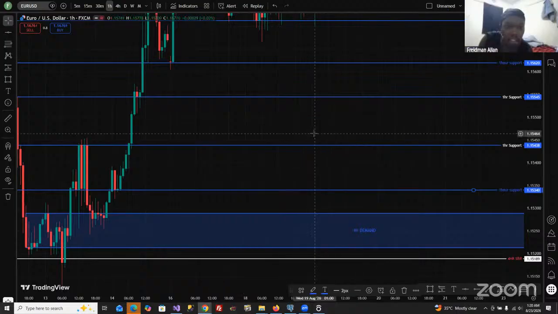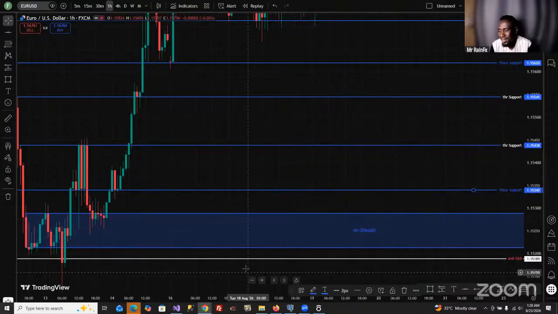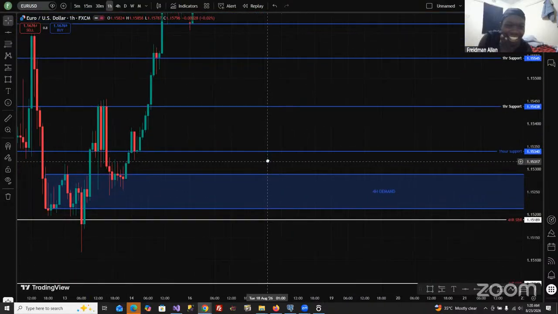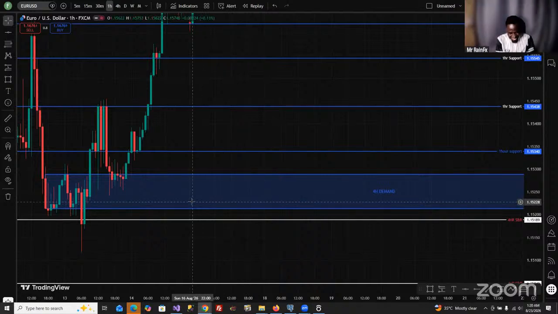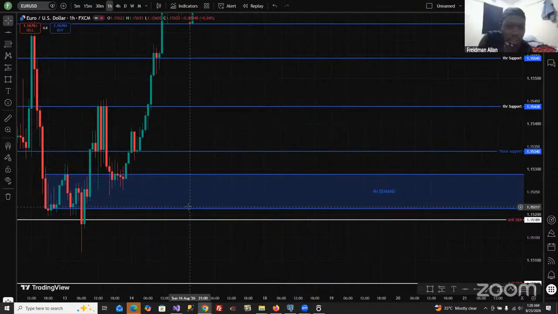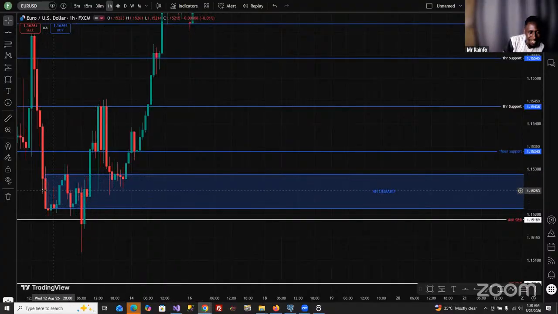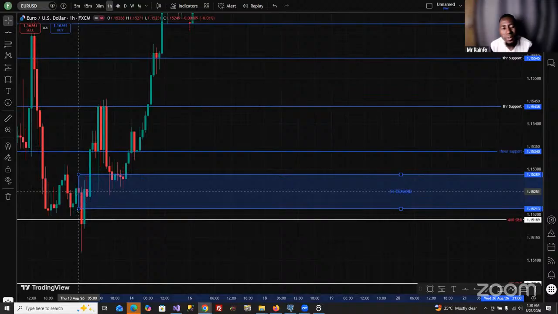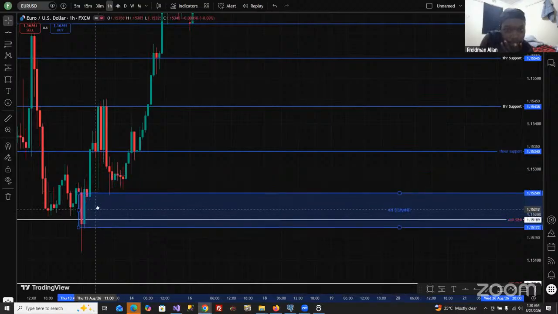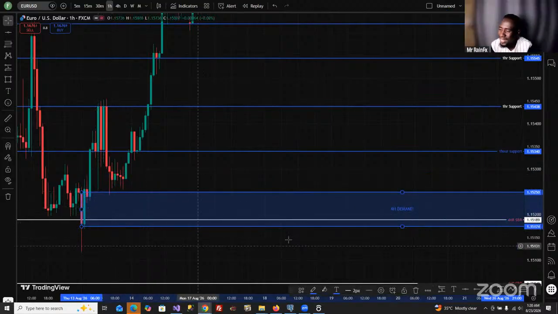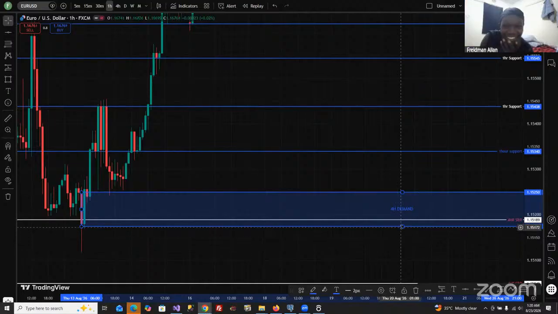Yes, that candle closed and opened at the same price level. It closed and opened at the same market level, something like that.